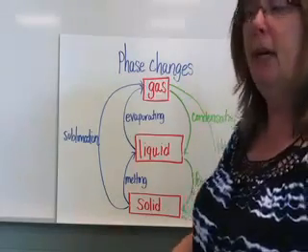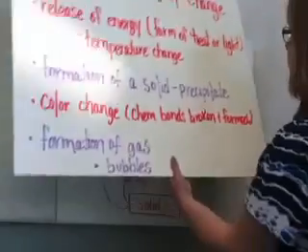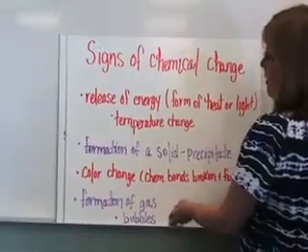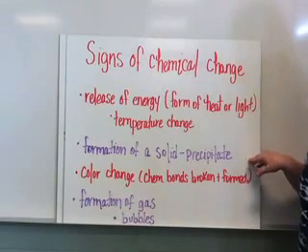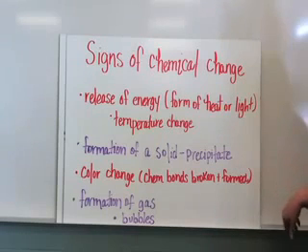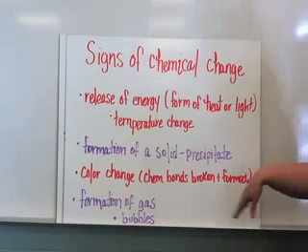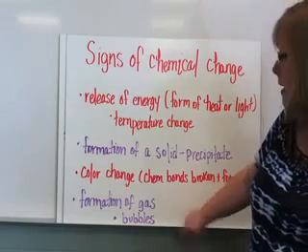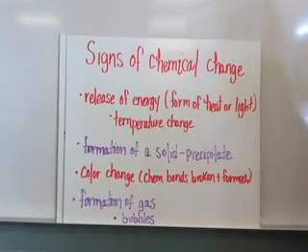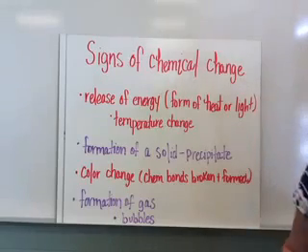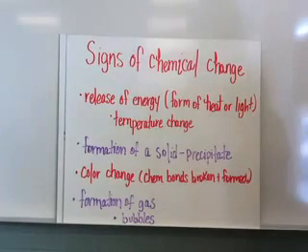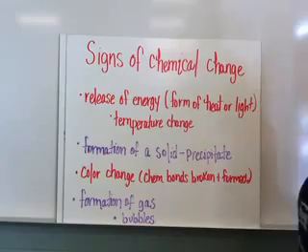If you have a chemical change, know the signs of a chemical change: a temperature change, formation of a solid that we're going to call a precipitate, color changes, bubbling due to the formation of a gas. These are all signs that the identity of our matter has changed into something new, and that is a chemical change.